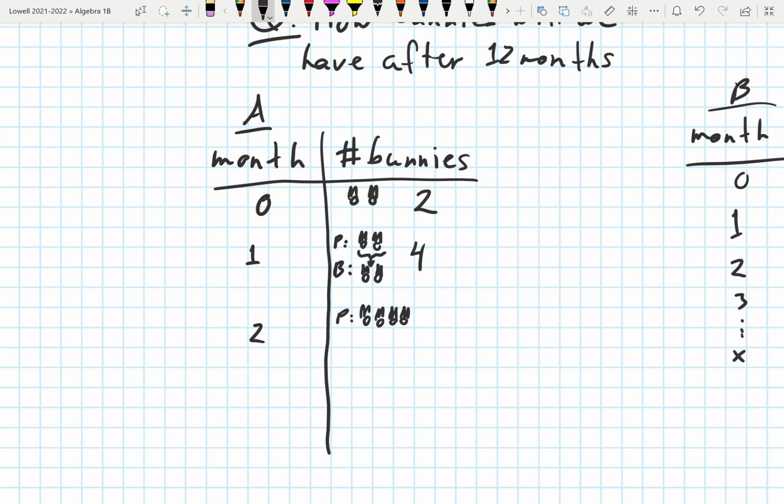I guess this is also not stated in the problem, but we are assuming that the bunnies are mature enough to have babies after just 1 month, right? I'm not a bunnyologist, so I'm not actually sure if that's true, but we're going to go with it in this problem. Alrighty, once again, this pair has 2 babies, and this pair also has 2 babies.